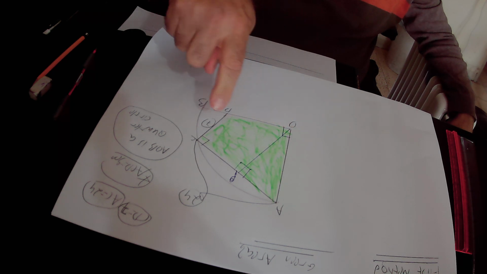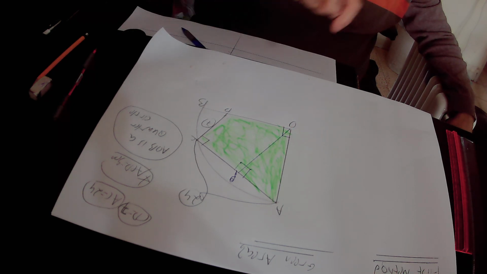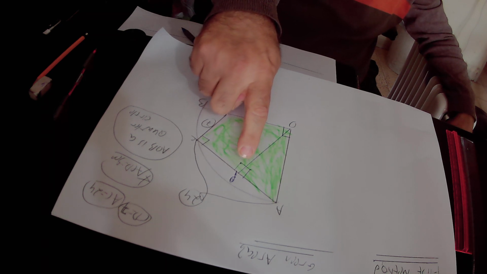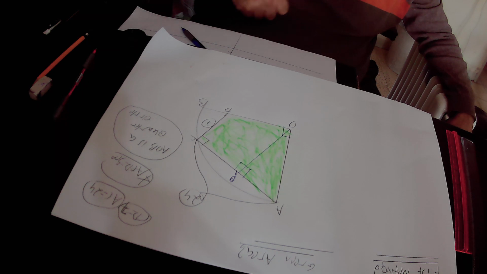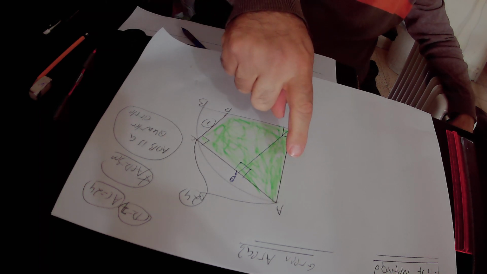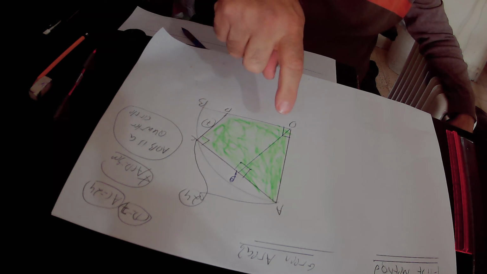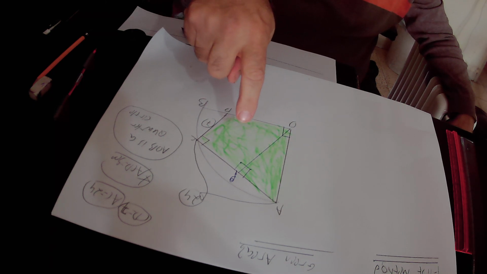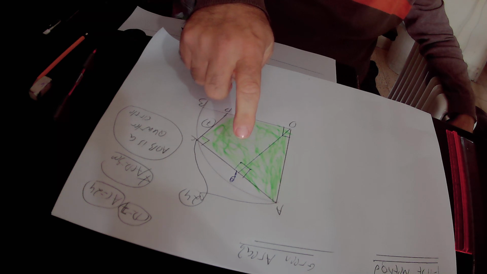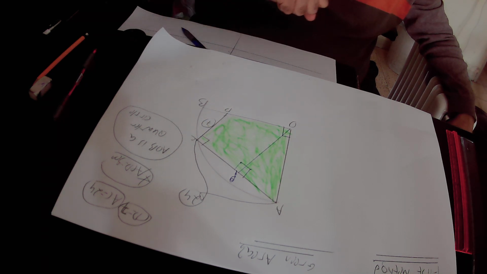We know that this angle equals 90 degrees and this angle equals 90 degrees. Then according to rule number 11, the perpendicular OP also bisects chord AC. That is to say, AP equals PC. So the first half of AC is AP and the second half of AC is PC.